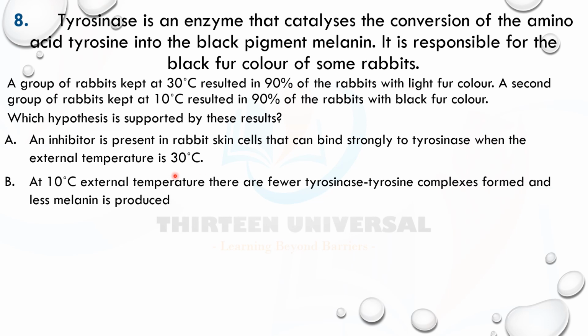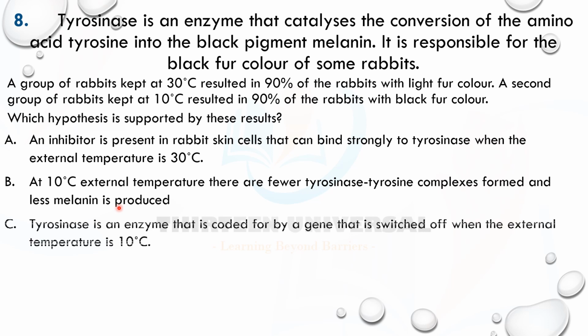B says at 30 degrees external temperature, there are fewer tyrosine-tyrosinase enzyme-substrate complexes formed, and less melanin. No, that's not true, because at 10 we had black fur, which means we had more melanin, not less. So B is wrong.